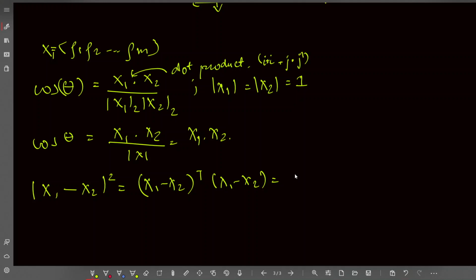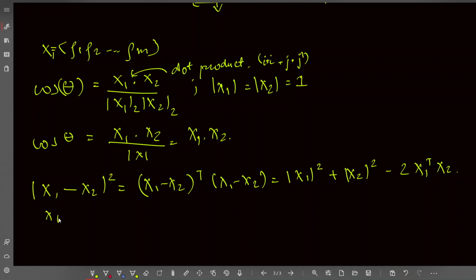So this can be written as magnitude of x1 square plus magnitude of x2 square minus 2 into x1 transpose x2, right? This is just your simple algebraic identity.